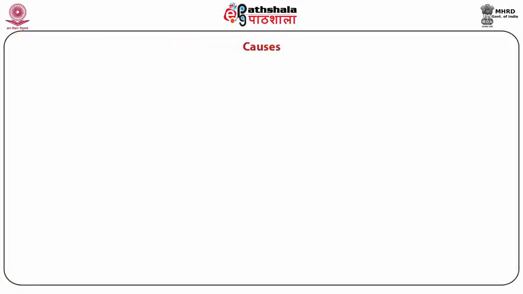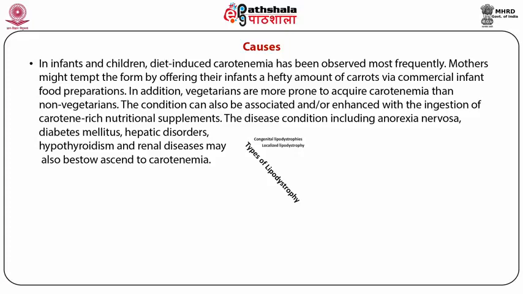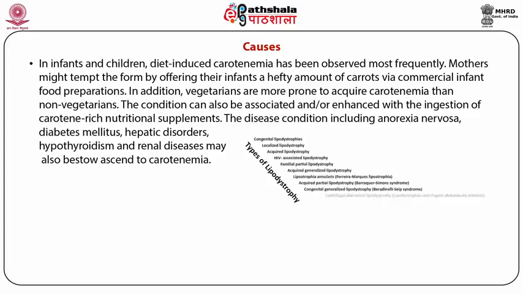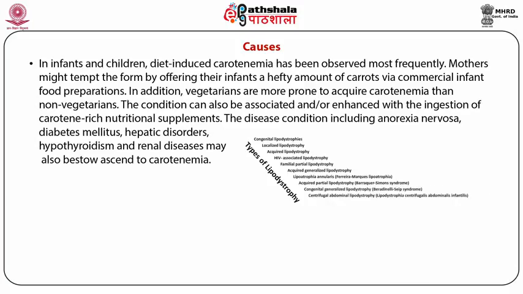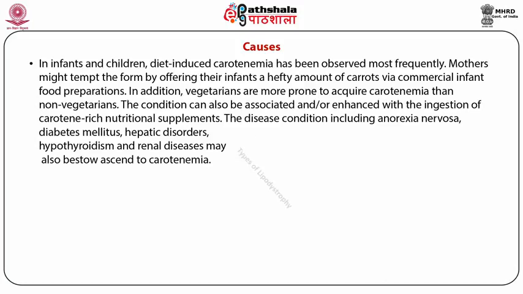The causes of keratinemia. In infants and children, diet-induced keratinemia has been observed most frequently. Mothers might tempt the child by offering their infants a hefty amount of carrots via the commercial infant food preparations. In addition, vegetarians are more prone to acquire keratinemia than non-vegetarians.